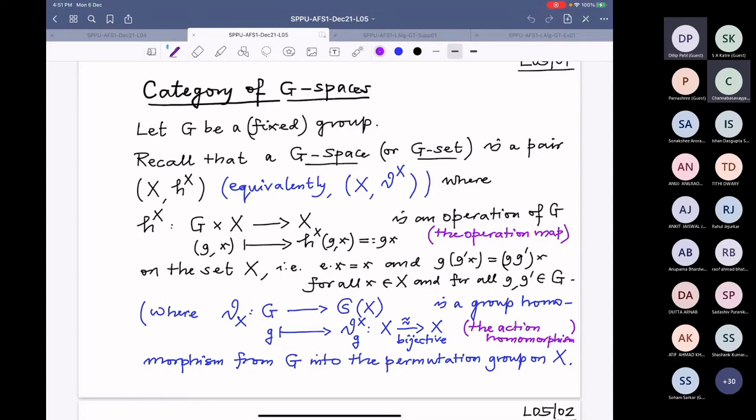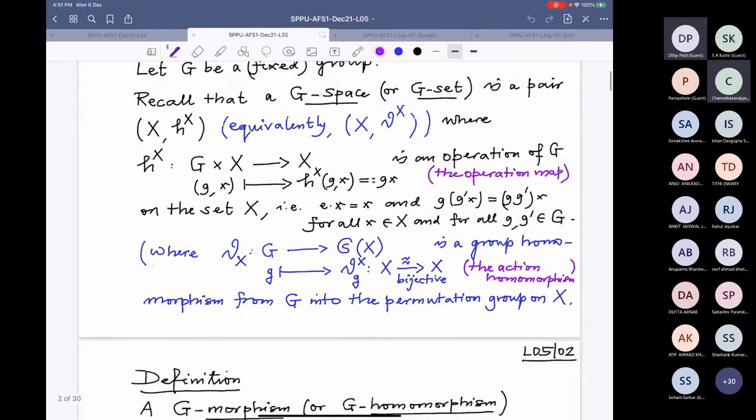So the corresponding action homomorphism is denoted by theta X. That is G going to S(X). S(X) is the permutation group on the set X. And this operation is g going to theta g, and theta g must be a bijective map from X to X. Remember, bijectivity is important, and that is where one needs the fact that G is a group.